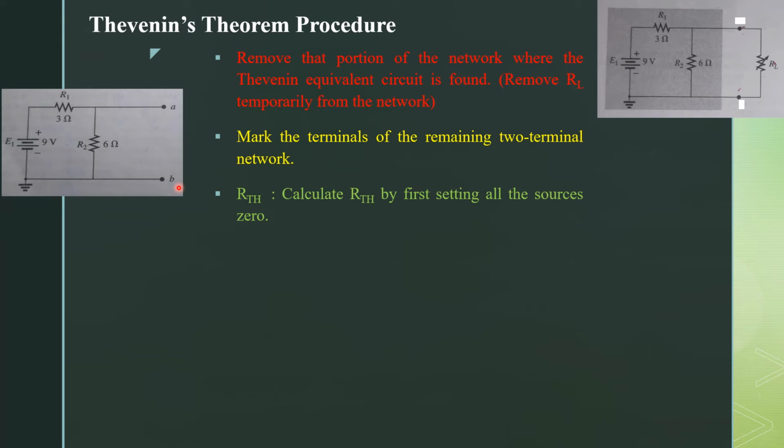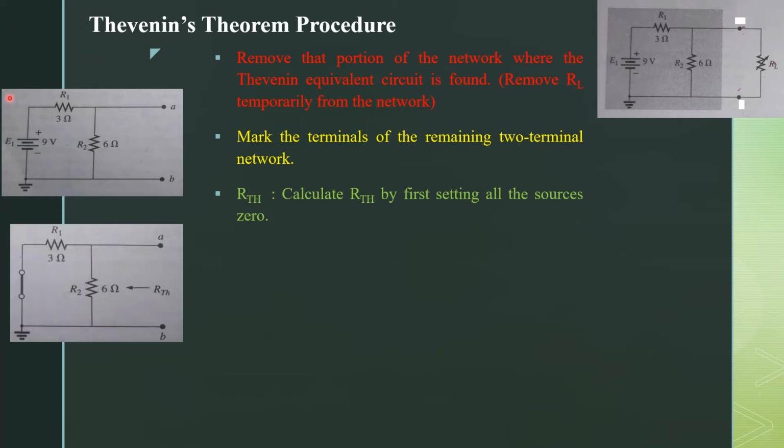Sources equal to 0 means if you have a voltage source in the circuit, replace it with a short circuit, and if you have any current source in the circuit, replace it with an open circuit. So here we have to find R Thevenin by short circuiting this voltage source.